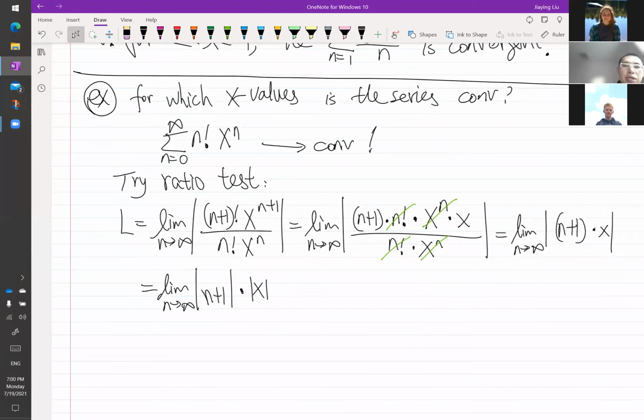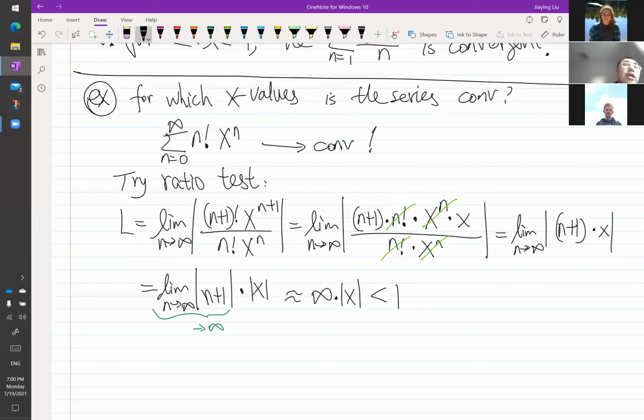Now we can try to take the limit. The first term is the only one affected by n. If n goes to infinity, n+1 also goes to infinity. How about x? We don't know what x is, but with infinity times the absolute value of x, is there any x we can pick to make it less than 1, because we want it to be convergent?